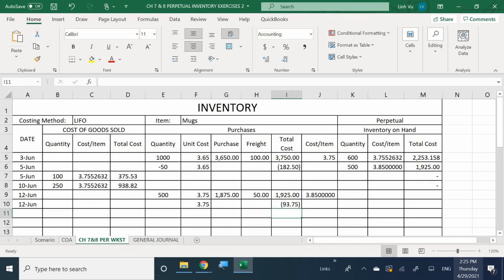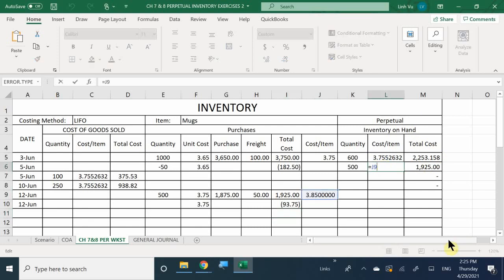So here, I have to toggle it again in my cost per item because now I have a new total cost. I have to figure out the equation here, which is that you're going to take my 1925, that's the original price that you purchased it for.